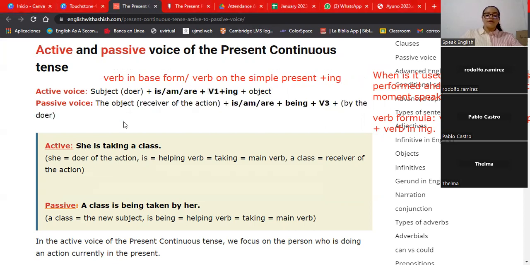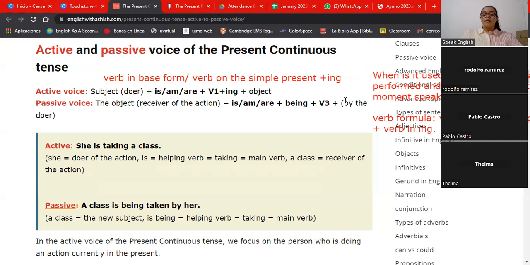Rodolfo, can you please read the structure for the passive voice? Okay. The object or receiver of the action plus a verb to be in its form, is, am, are, it depends, plus being, plus verb in third form, plus by the doer.